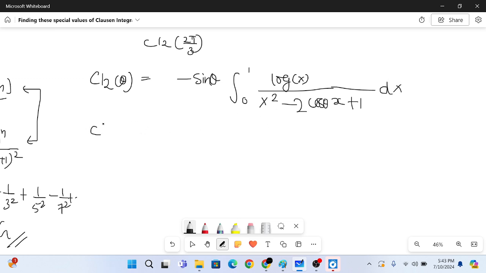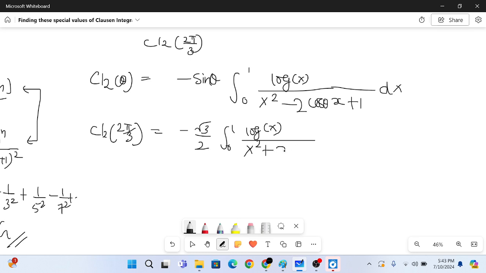We want to find CL2 of 2 pi by 3. We know that sine of 2 pi by 3 is root 3 by 2, and cos of 2 pi by 3 is minus 1 by 2. So the denominator becomes x square plus x plus 1.